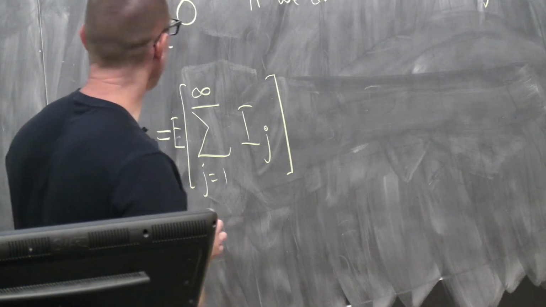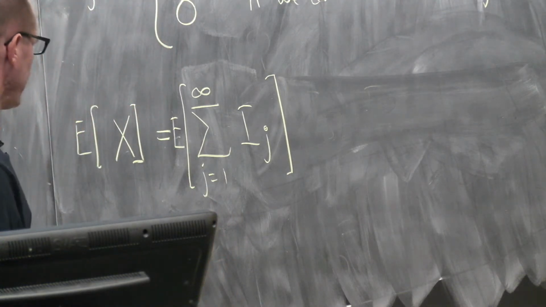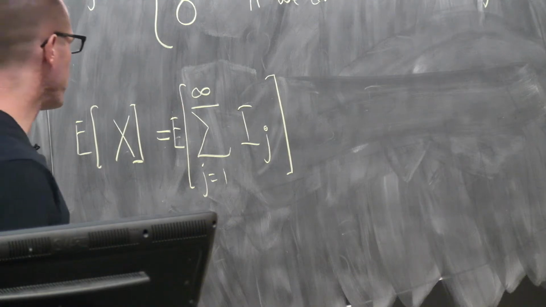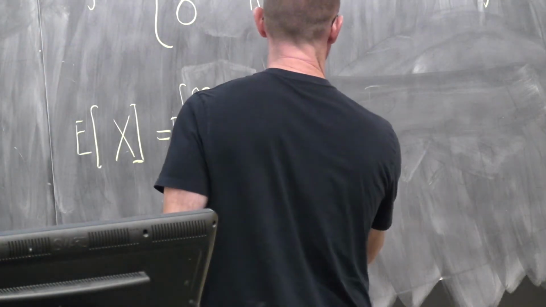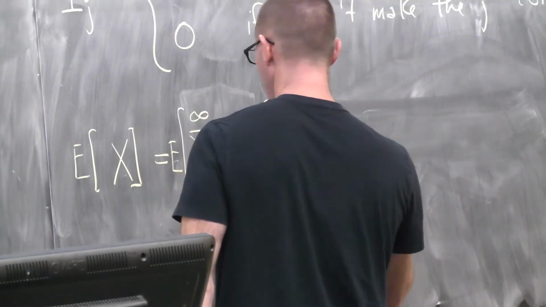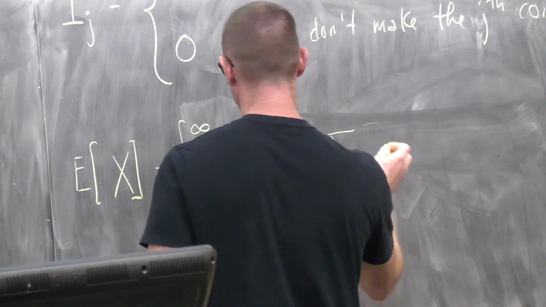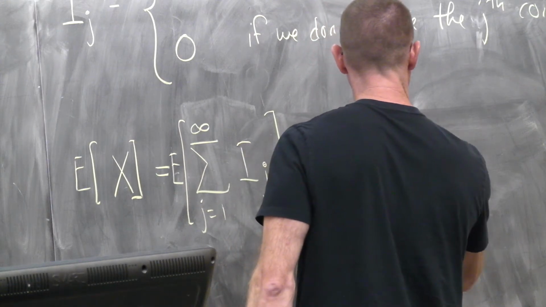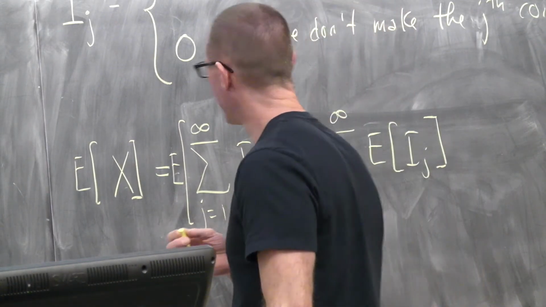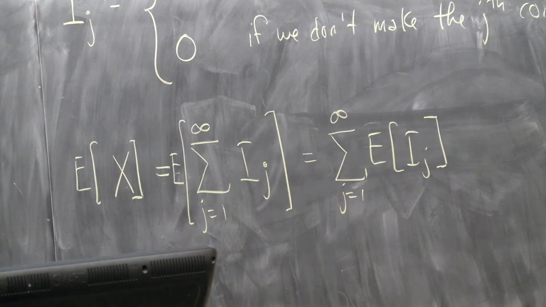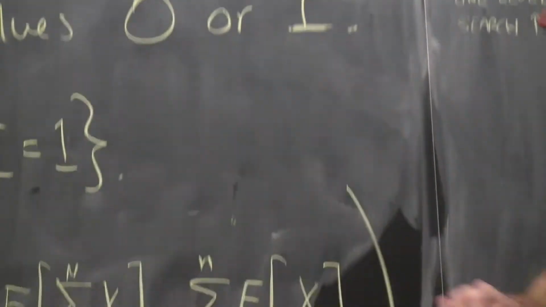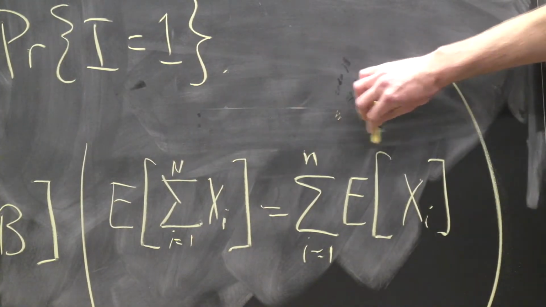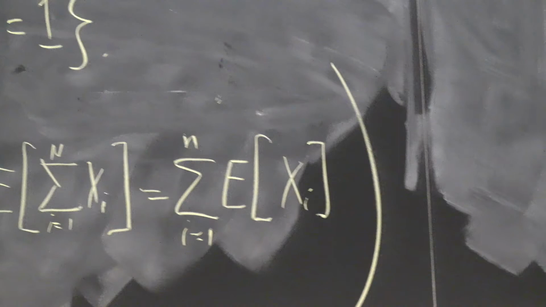We like that these indicator variables make their expected values so easy to get, and we want to make use of that. So we use linearity of expectation to do that. The expected value of a sum is the sum of the expected values.